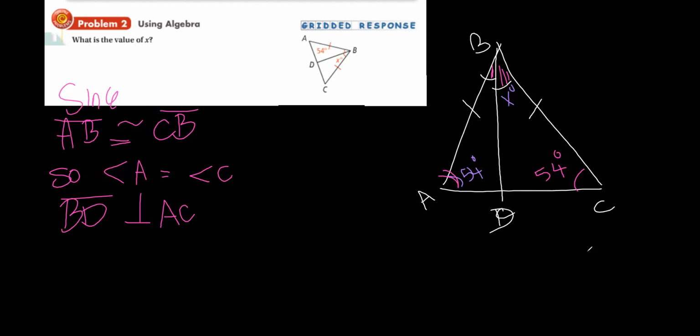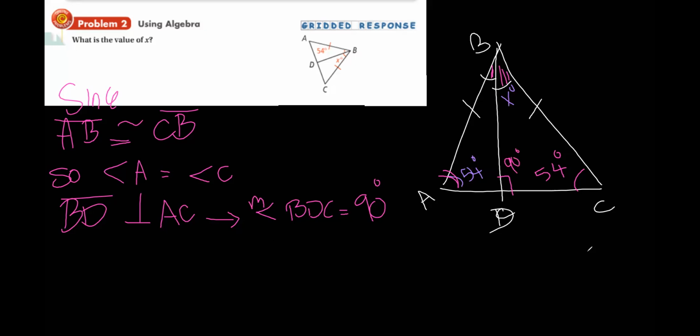Yes, teacher. This is our theorem that we proved before. Since it is perpendicular, the measurement of angle BDC is 90.